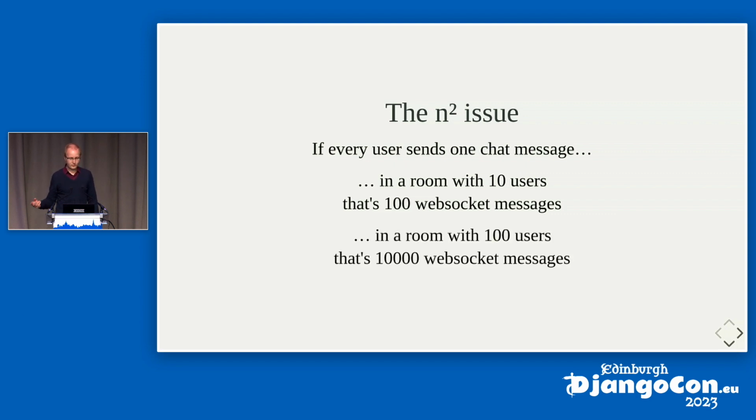But in a room with 100 users, that's already 10,000 WebSocket messages. Which means that the load of our system is often not defined by how many users we have connected to our system in total, but more importantly by how many users are communicating with each other in the same room.